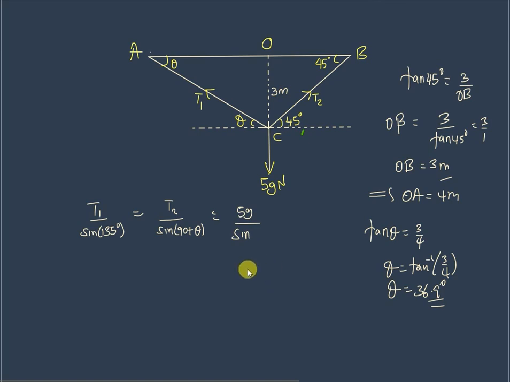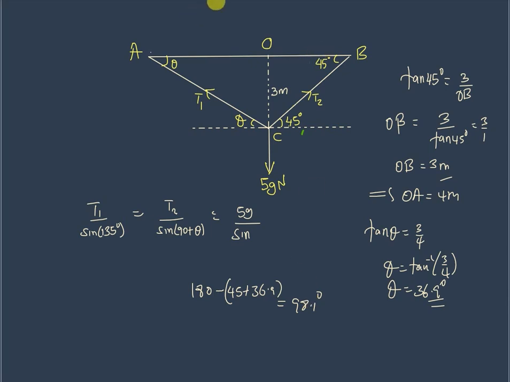We can get it. It is 180. That angle is 180 minus 45 plus theta, which is 36.9, and that angle is basically 98.1 degrees.